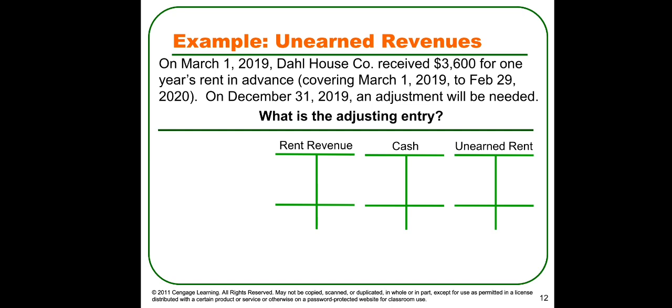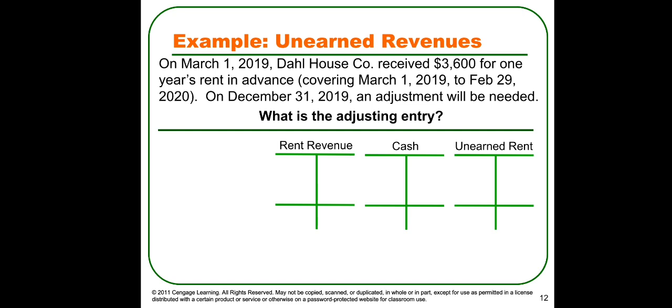If the payment is 3,600 for 1 year, how much is the rental revenue for 1 month? The rental revenue for 1 month is 3,600 divided by 12 months. So every month the rent revenue is $300. This business closed its accounts on 31st of December 2019. So how do you do the adjusting entry for this situation?